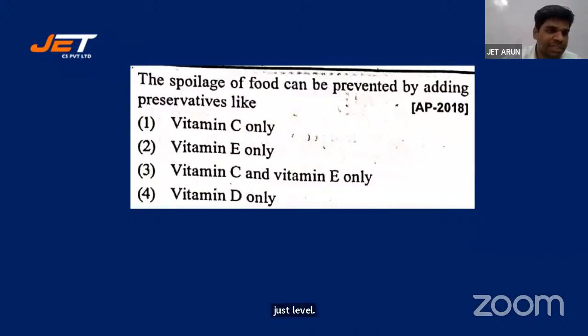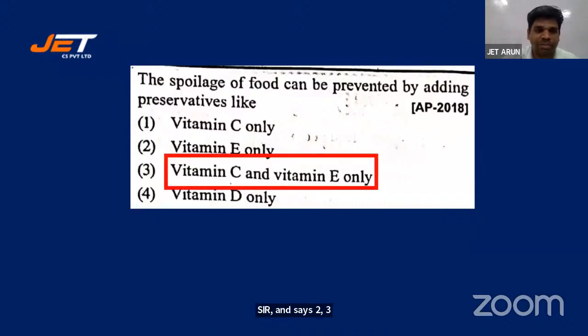Okay, I'm getting a mixed response for this again: 1, 2, 3, and 4, all the options. Gayatri says 3, Sharat Chandra says 2, Shivkumar says 1, Sai Kiran says 4, Pawan Sai says 1, Srivarshini says 3. All right, let's look at the key. Vitamin C and vitamin E only. So spoilage of food can be prevented by adding preservatives like vitamin C and E only. All right, so 3 is absolutely right.